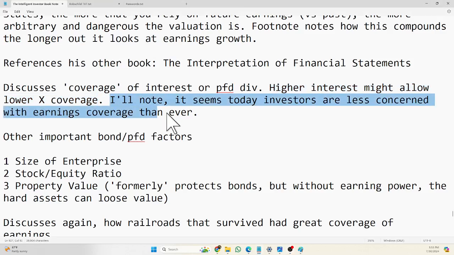Something I've mentioned in other videos going over security analysis, I want to note that it seems today investors are less concerned with the amount of earnings coverage than ever before. This has somewhat to do with the great financial crisis of 2007, with PE ratios staying above 20, never really ever going below there, because the whole system is now reliant on the government and the Federal Reserve to basically come in and save the day.